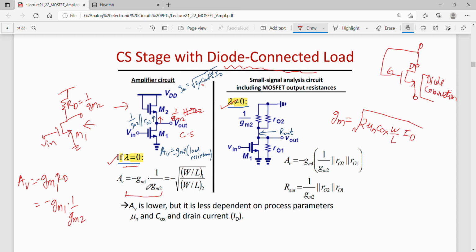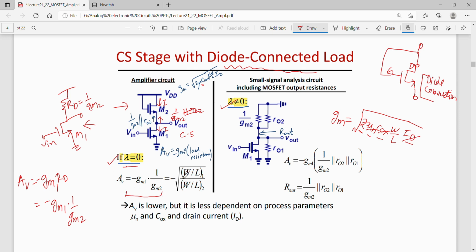Now in this we have gm1 and gm2. So mu n, Cox, and ID, these three things are the same. In fact, 2 is also common in gm1 and gm2. ID is also common because it is the same ID; this current is flowing in M1 also. So these parameters will cancel out and we are left with only W by L in gm1 and W by L in gm2.